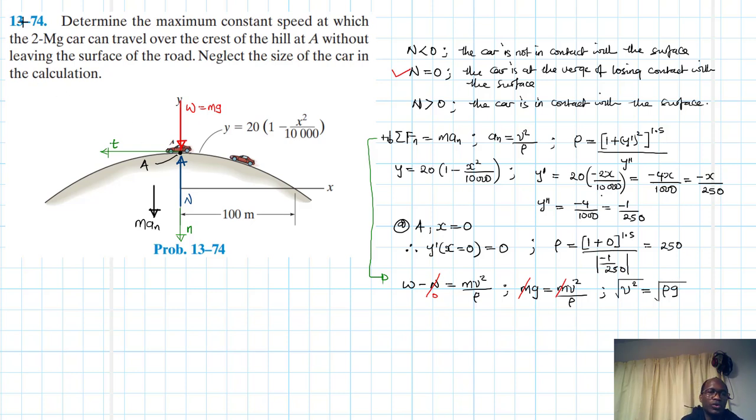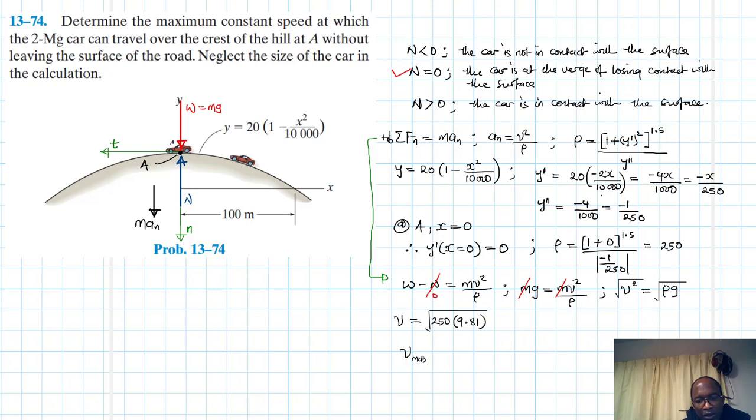Once we do so, we find that our v is equal to the square root of our rho, which is 250, times our g, which is 9.81. This is v max.